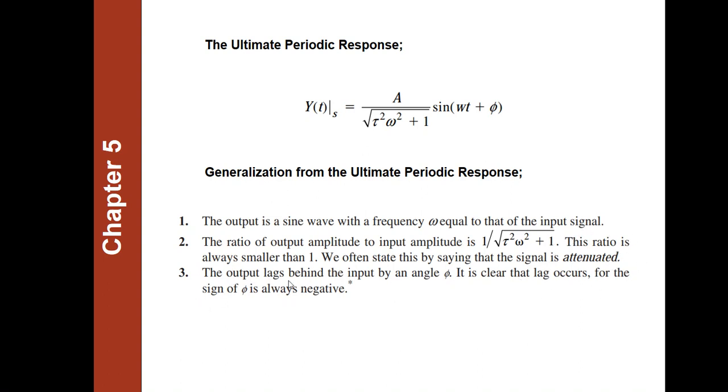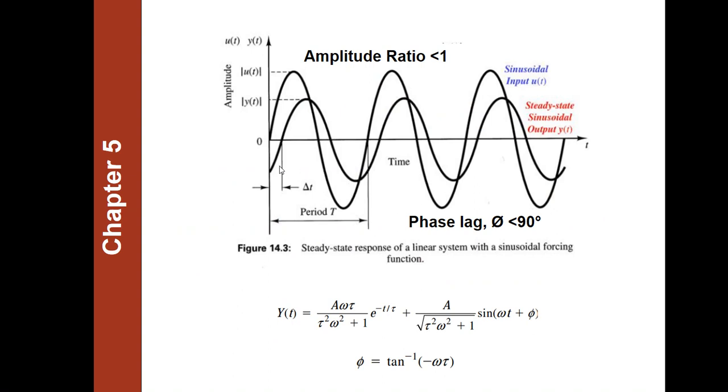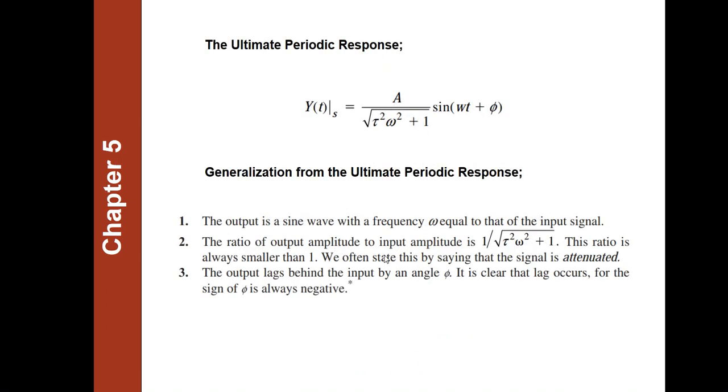Now, the output will always lag behind the input by the angle phi, and lag always occurs because the sign is always negative as stated. Now, if you notice in this particular plotting of the sinusoidal forcing function, it's already periodic in nature, because in controls we are actually after the ultimate periodic response or the frequency response.